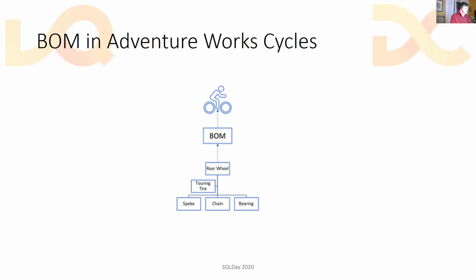So a BOM, bill of materials, of course, is made of some components. If we use the standard Adventure Works company, which produces cycles, you have the final product as a cycle, and then you have some components: wheels, chains, brakes, tires, whatever you can think about.